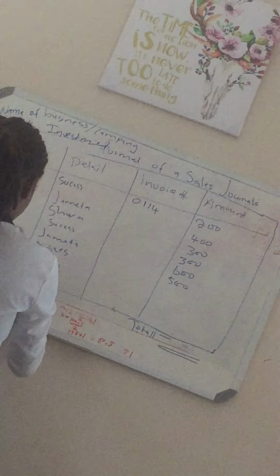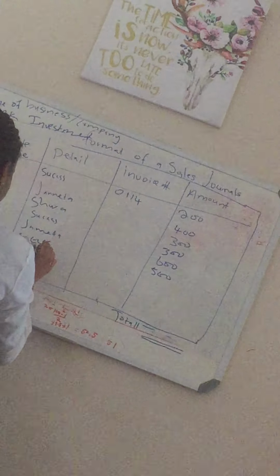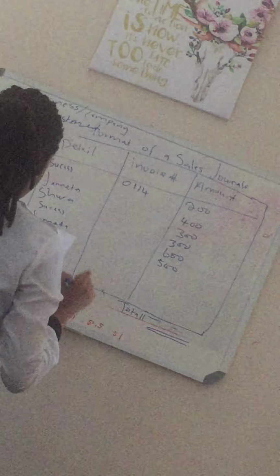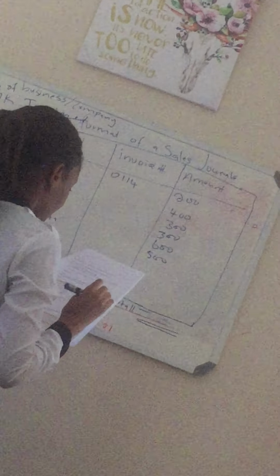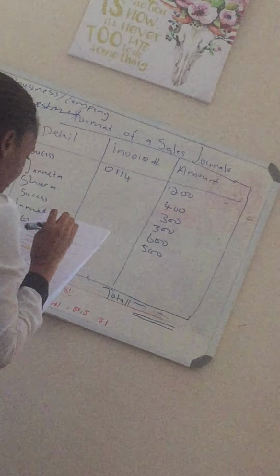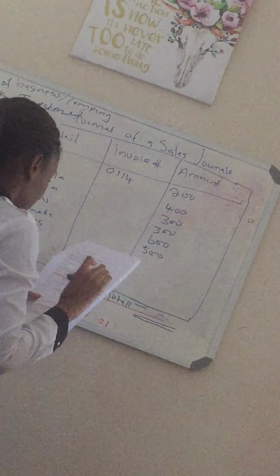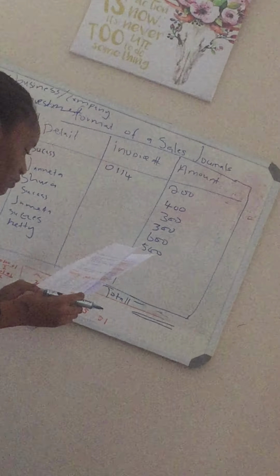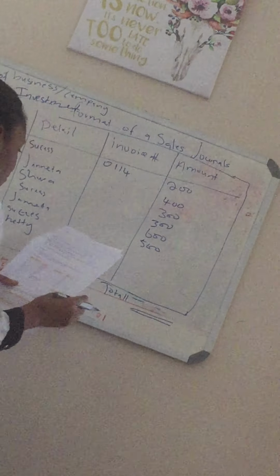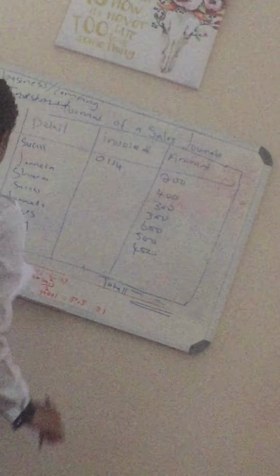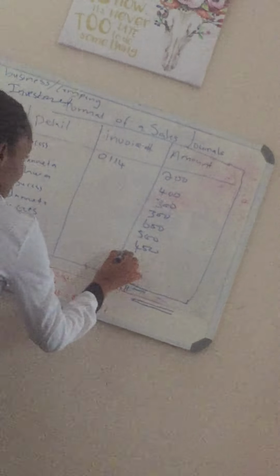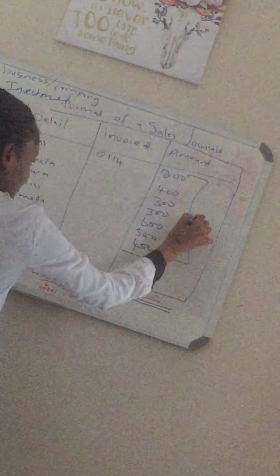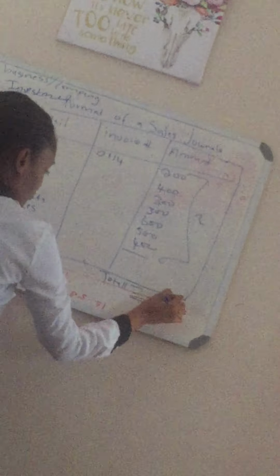And 10th of June again, Betty, sold goods to the following on credit, which is 450. The totals, now you add these together and then you write the totals here.